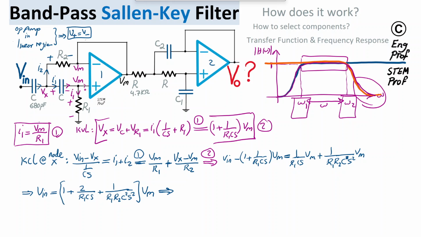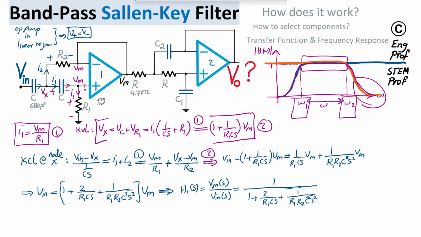Okay, so then I can say the transfer function of the first stage, H1 of s, which is Vm as a function of s divided by Vin in the s domain, equal to 1 over, moving this to the denominator, 1 over 1 plus 2 divided by R1 Cs plus 1 over R1 R2 C squared s squared.